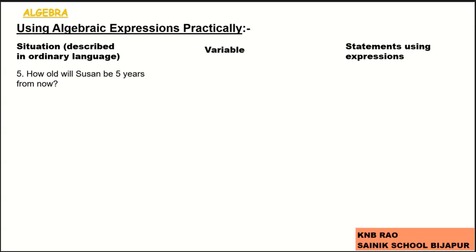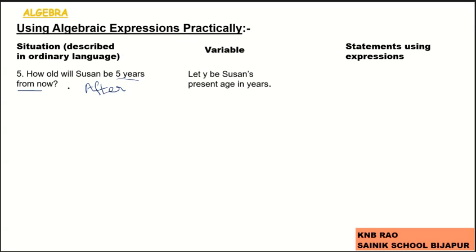If I say Susan's present age is some years, let us say y. Instead of using a variable x every time, we shall take y now. Let y be Susan's present age in years. Now, how old will Susan be 5 years from now? That means this sentence asks you what will be her age after 5 years.